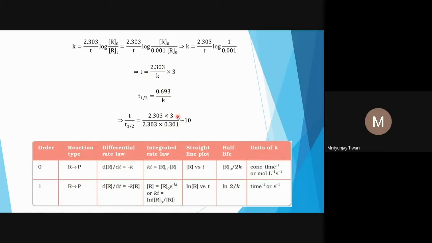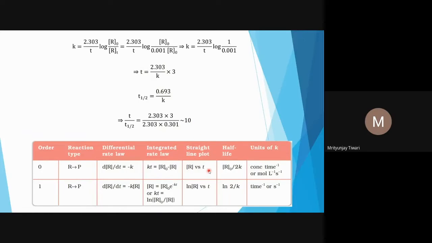So the value is 3 divided by 0.301, which is approximately equal to 10, and this was what we had to prove. So the time required for 99.9% completion of the reactant is 10 times the t half.